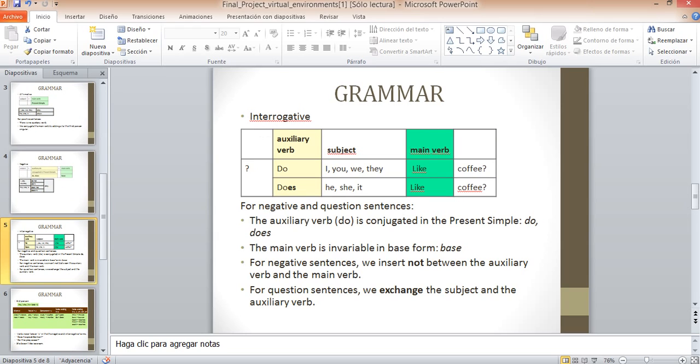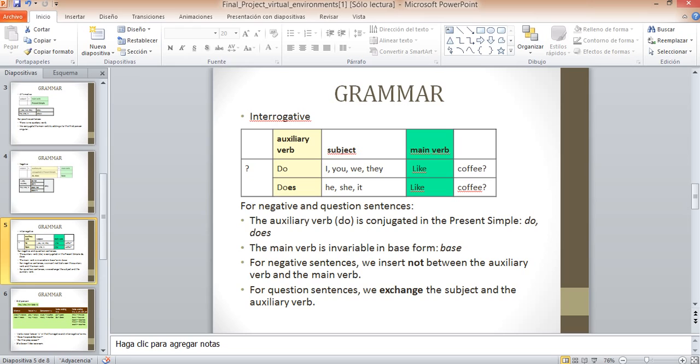Then we find the interrogative sentence. In the interrogative sentence, this has a change. We should change the order of the auxiliary and the subject or pronoun.